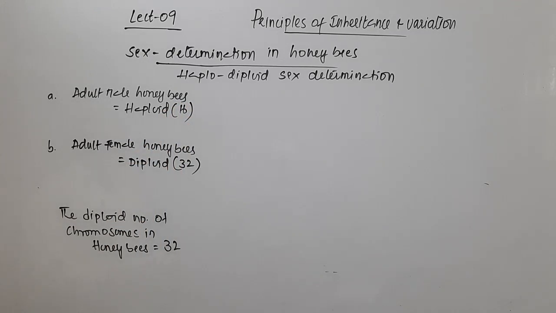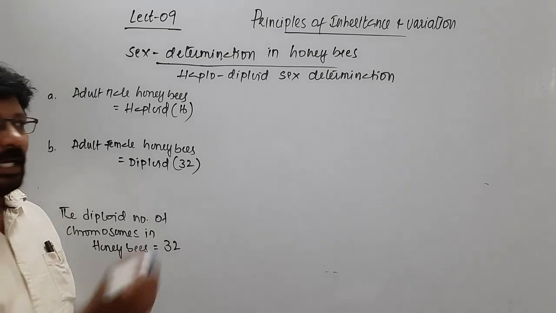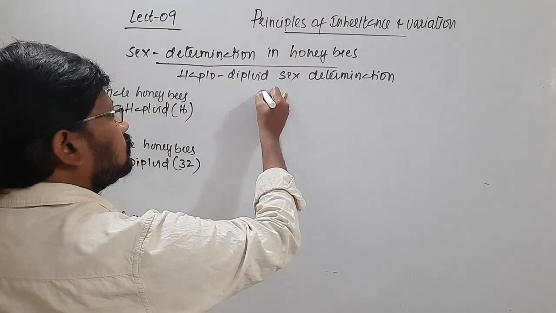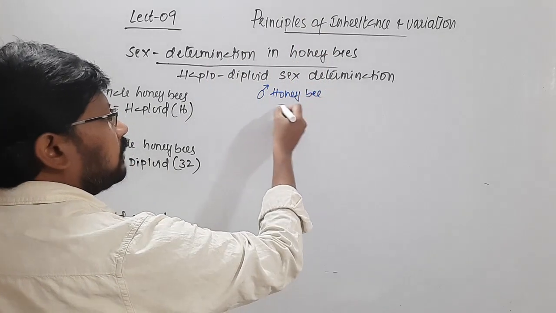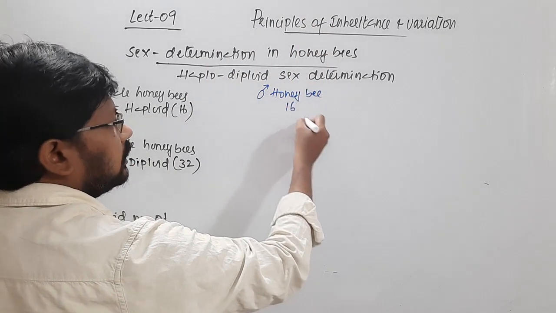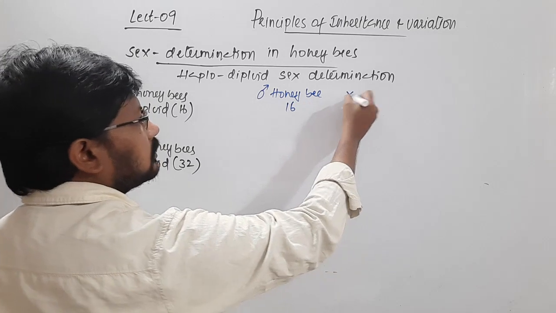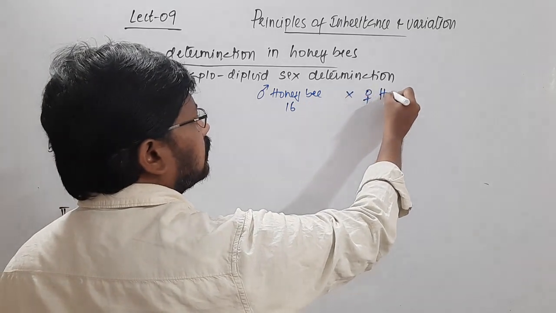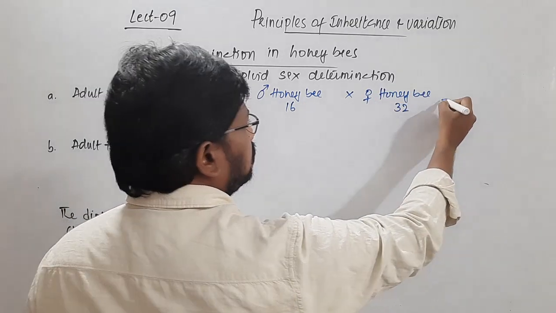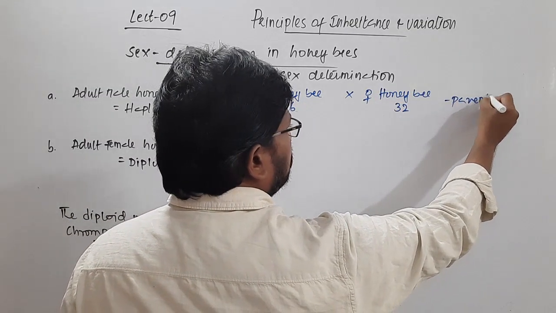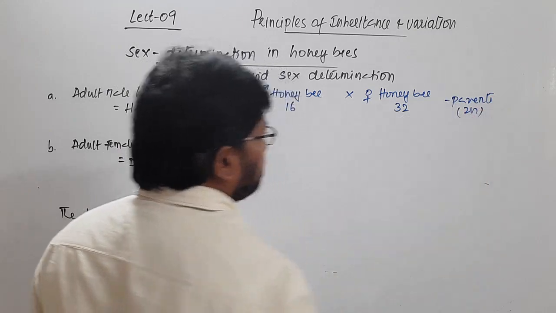So let's see the cross between a male and a female honeybee. The male honeybee has only 16 chromosomes, and the female honeybee has 32 chromosomes. So these are the parents, 2N.